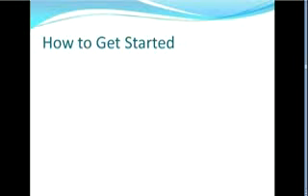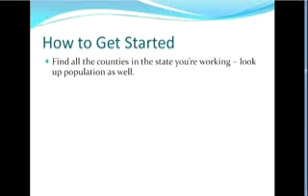So how do we really actually get started here? My favorite thing is to get something in front of me that shows me all the counties in the state that I'm looking at. By now I've already gone through step 2 that we covered on Monday, and I've got a good idea that the state I'm interested in is a good candidate. I know I'm not locked out by any kind of really restrictive laws.